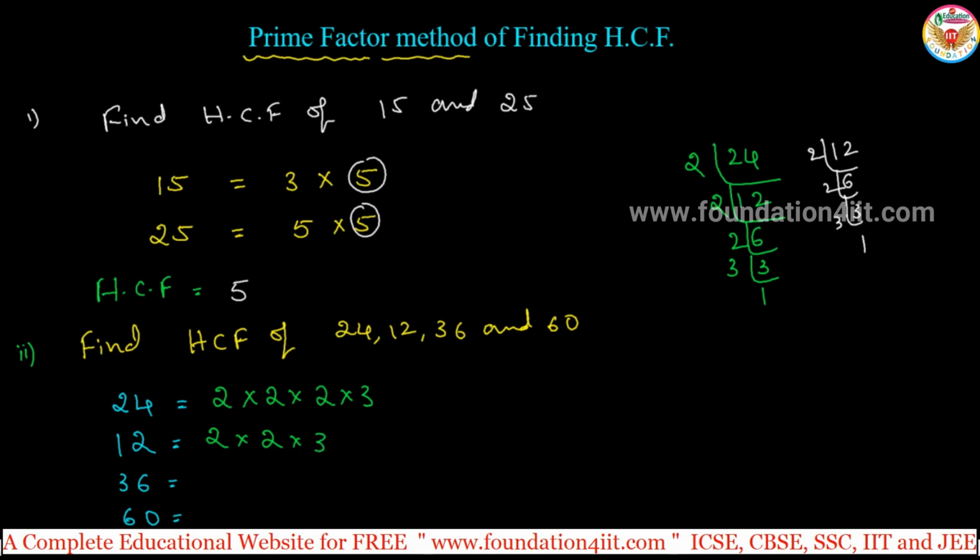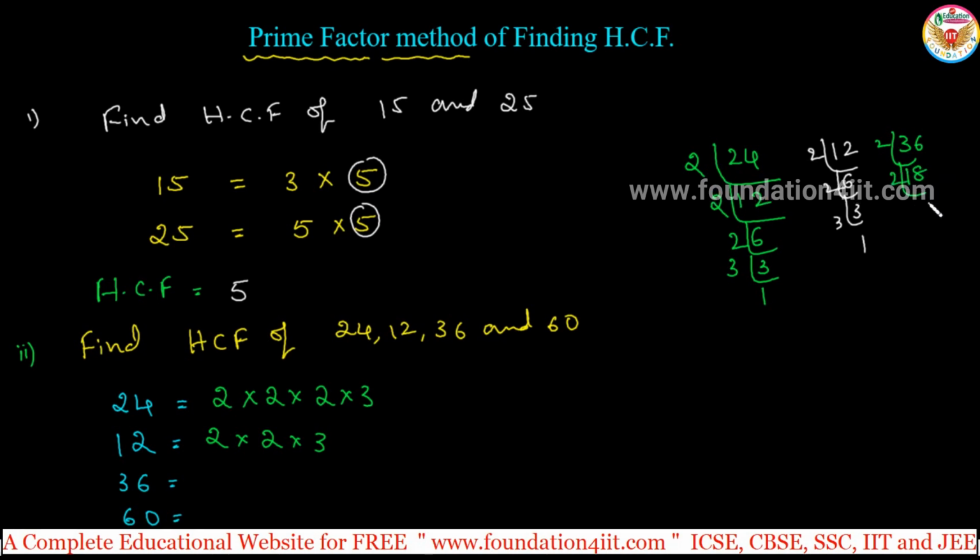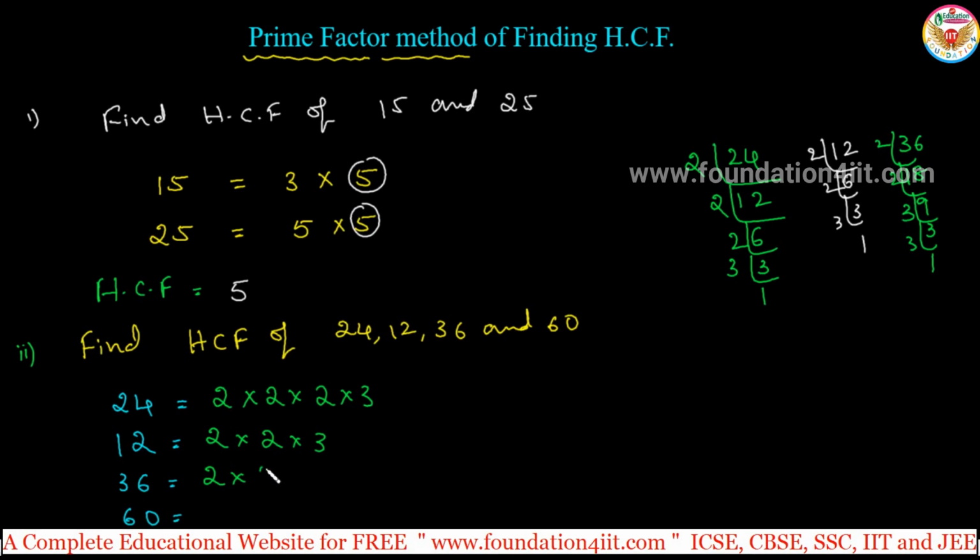Next, 36. Let us take 36 and divide by 2. 2 eighteens are 36, 2 nines are 18. Next, 2 is not possible, so 3. 3 threes are 9 and 3 ones are 3. Now that is 2 into 2 into 3 into 3.